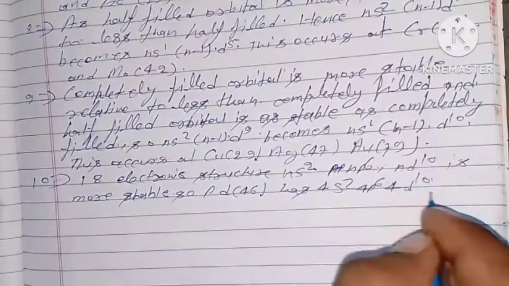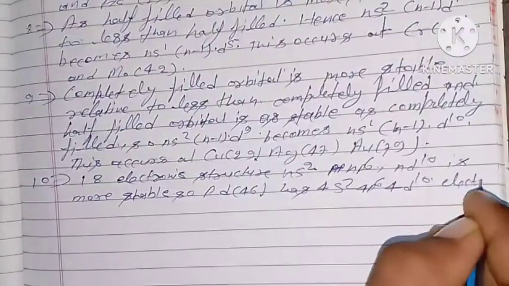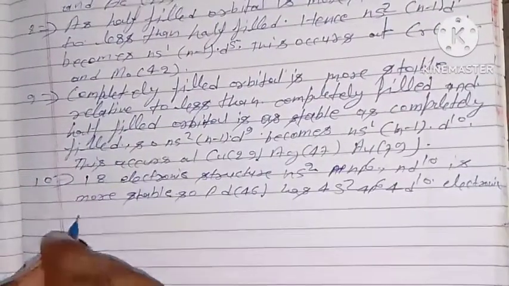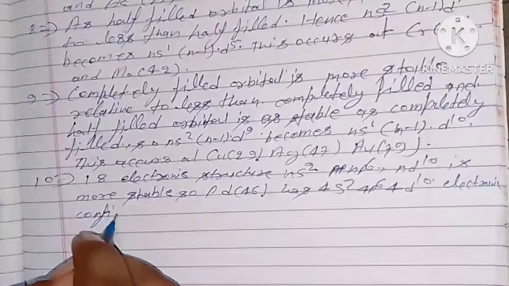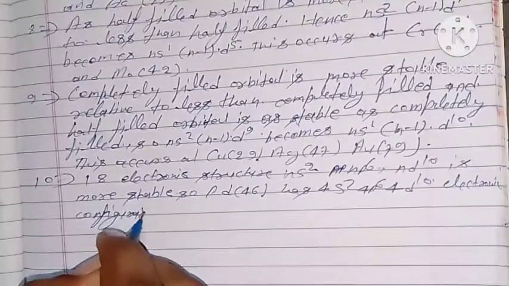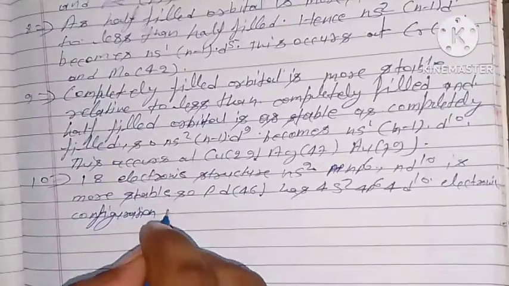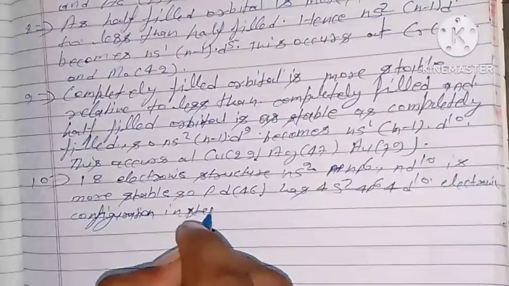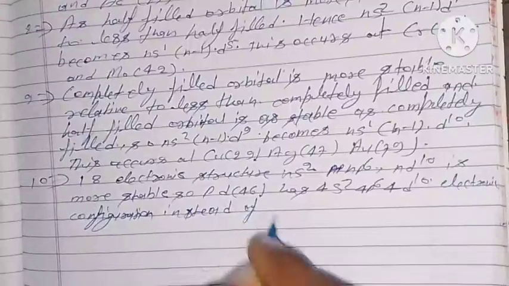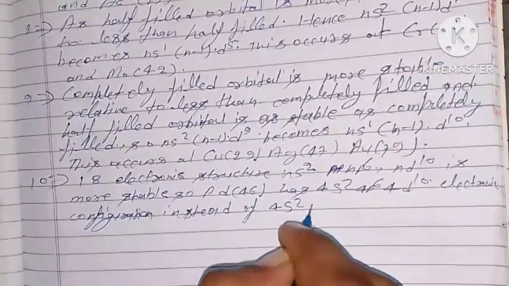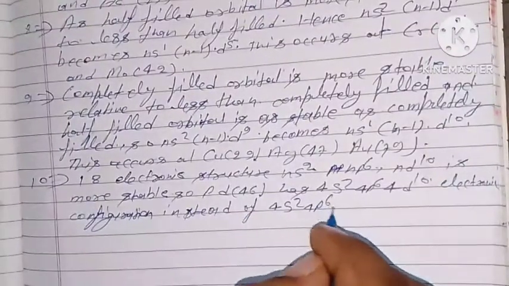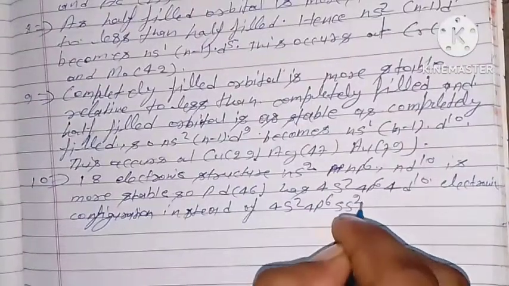electronic configuration, instead of 4s2, 4p6 and 5s2.